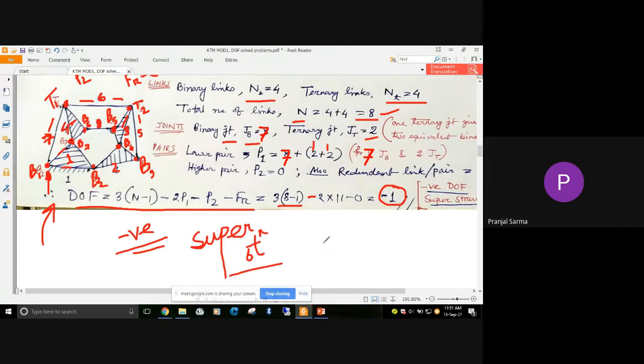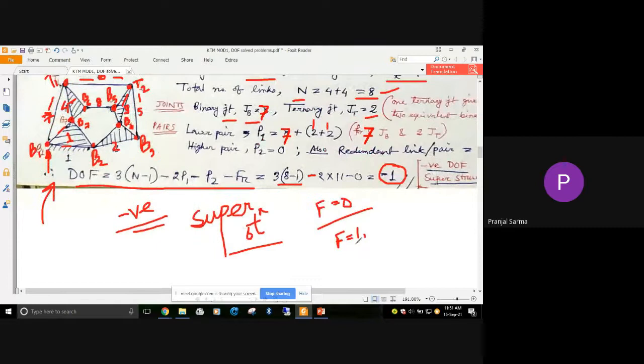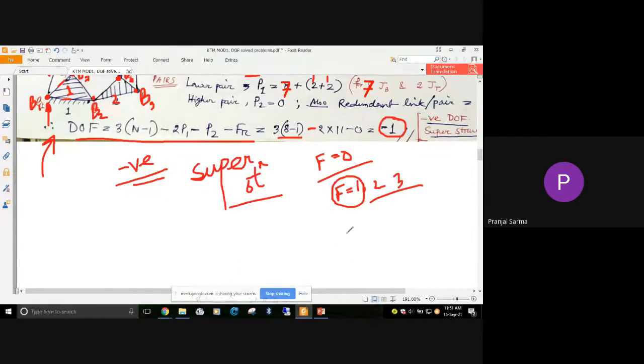Similar is the case for a framework structure, where the degree of freedom equals 0. For other mechanisms, we will have some positive degree of freedom. Most practical mechanisms are made such that the degree of freedom equals 1, though sometimes it can be 2 or 3. But in most cases you will find the degree of freedom is one.